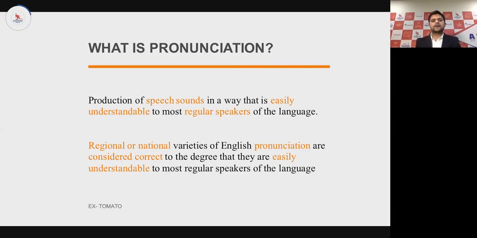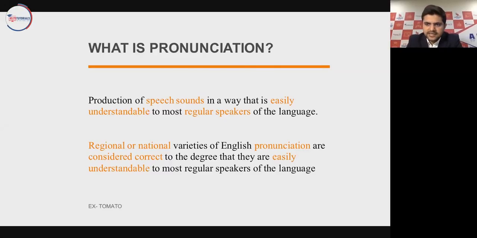Now, one question that I normally get is, do I need to have a specific accent like a native speaker, and do I need to make the exact sounds as a native speaker? Let me tell you that Pearson accepts regional or national varieties of English pronunciation, but to a degree that these pronunciations are easily understandable to most regular speakers of the language.